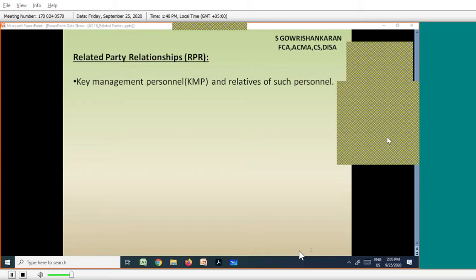Which type of director doesn't have authority? He doesn't have any responsibility. He will not participate in the company's operations. He will just attend the meeting and vote, and he will leave the company's premises. Which type of director is it?